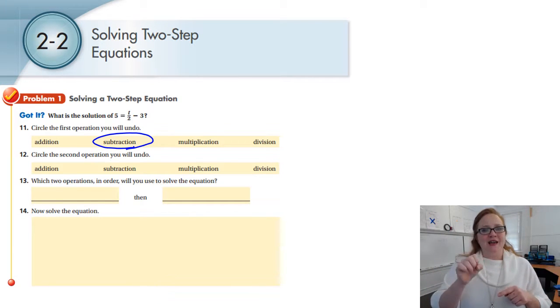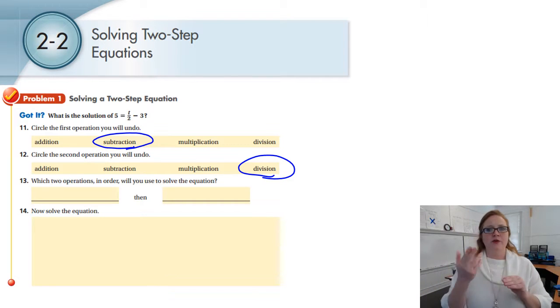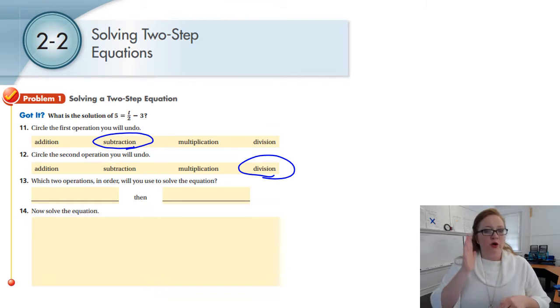Circle the second operation you will undo. Is it addition, subtraction, multiplication, or division? The second operation you will undo is division. Number 13, which two operations in order will you use to solve this equation?